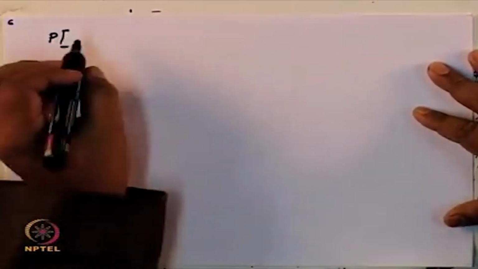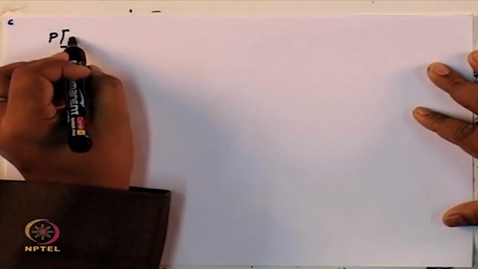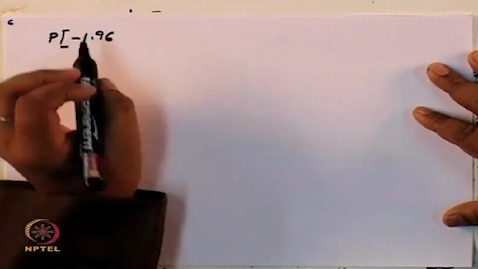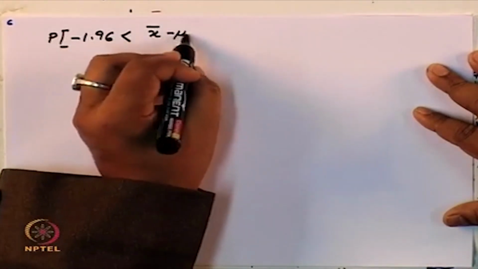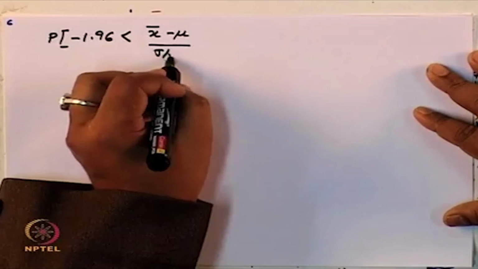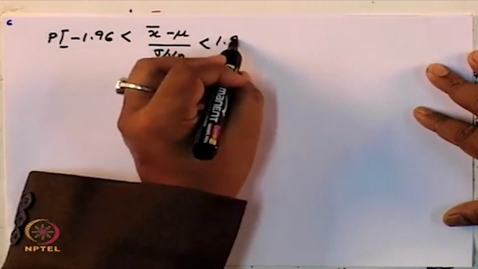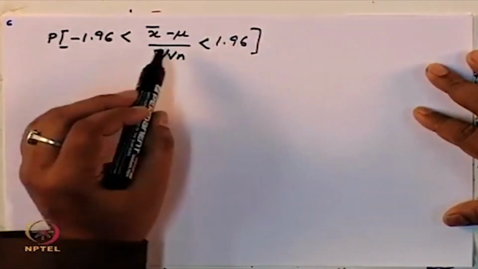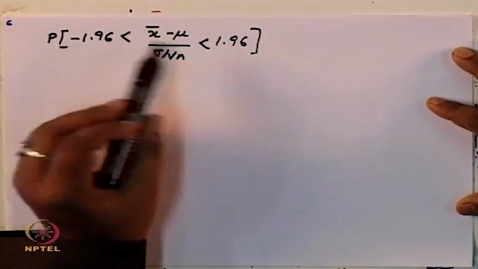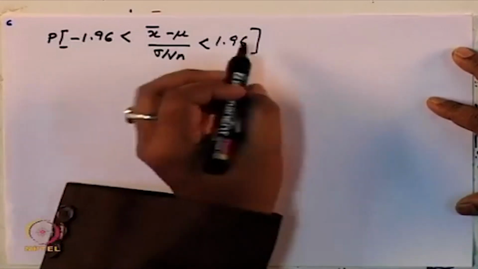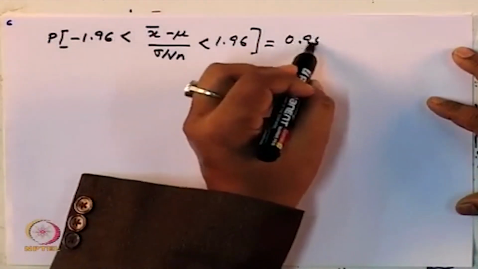So I can write down this statement. If we are dealing with a sample mean, we can write down the probability that your standard normal variable lies between minus 1.96 and 1.96 is 0.95.